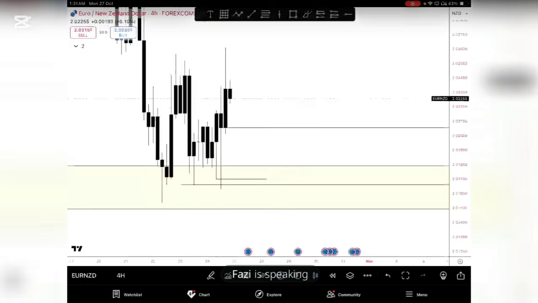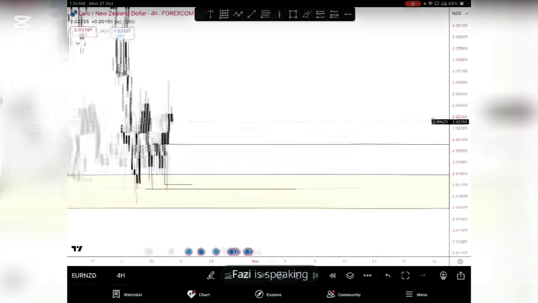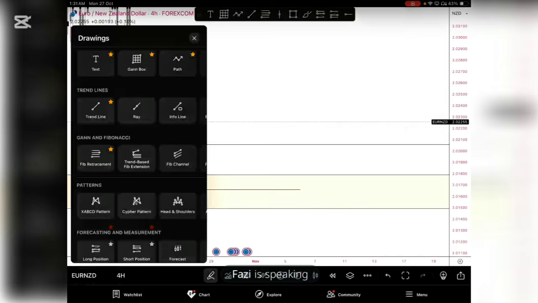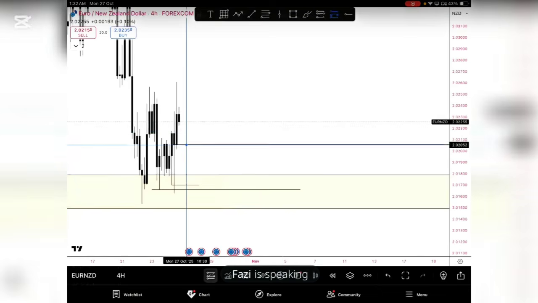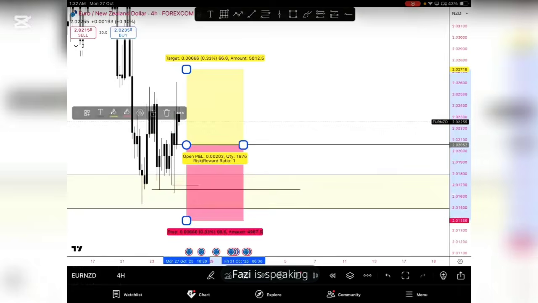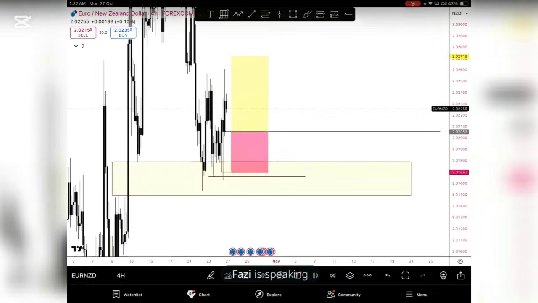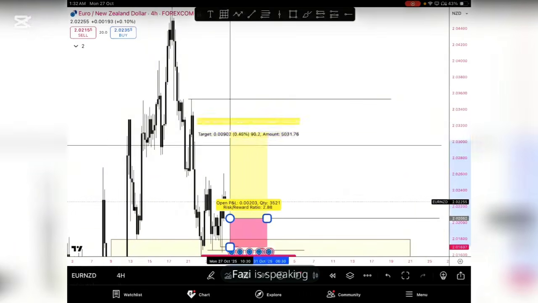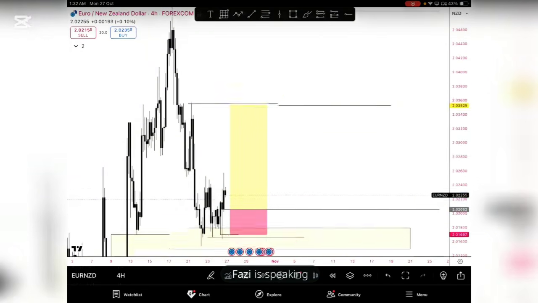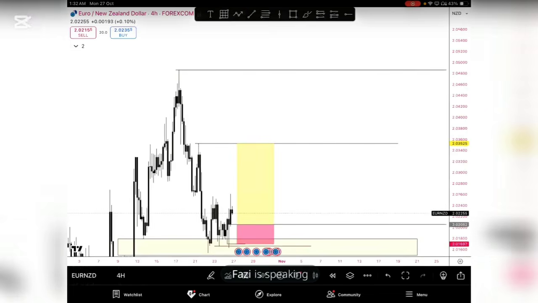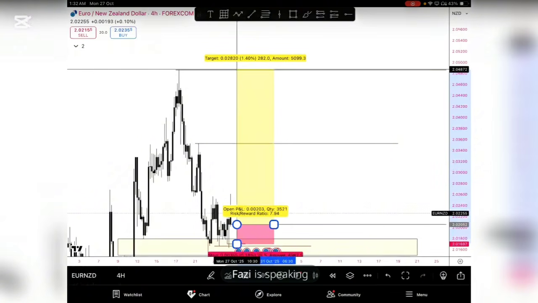So here we are looking for some entries on this level like this. We can put our stop loss on this sweep. We can put our target on the first liquidity here, and then we can target the new highs here. Understand how to look for entries?